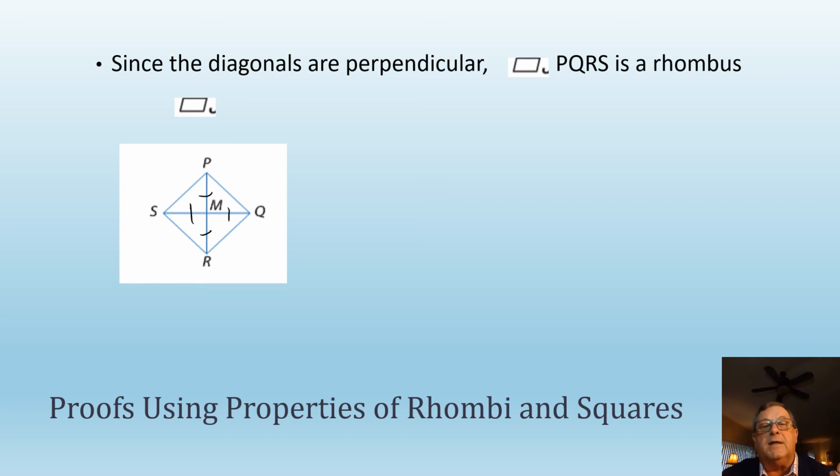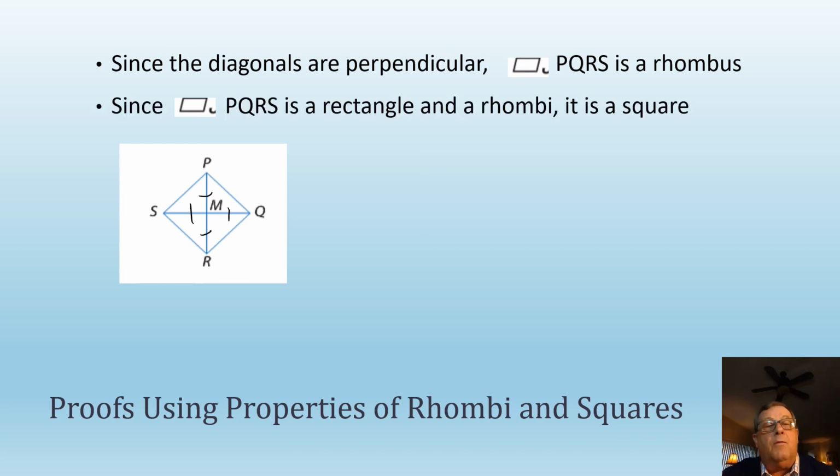And now we've just stated that since the diagonals are not only congruent, but they're perpendicular, then this quadrilateral PQRS is a rhombus. Well, diagonals are both congruent and perpendicular, which means that it's a rectangle and a rhombus. So since quadrilateral PQRS is both a rectangle and a rhombus, it is a square. It's a square. Oh, help me, please.